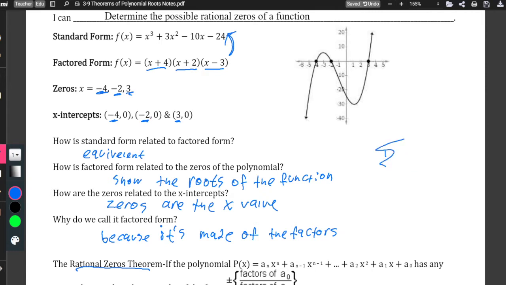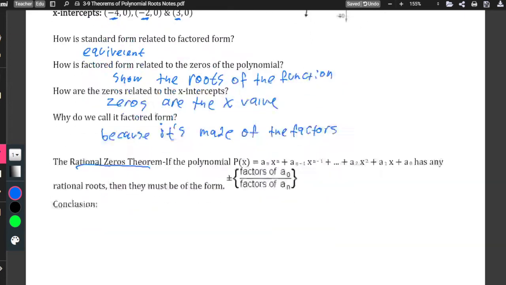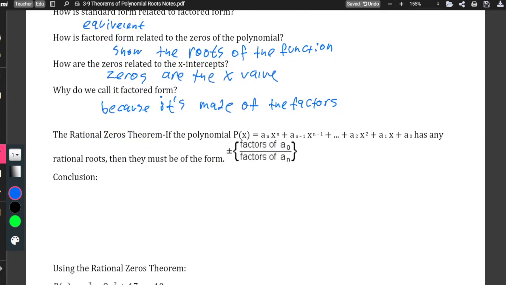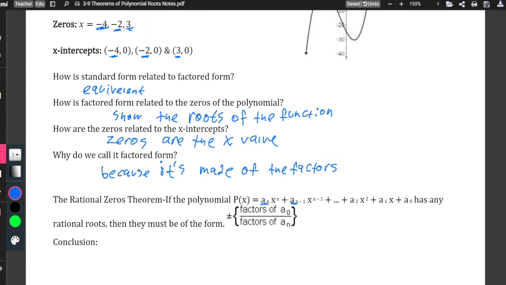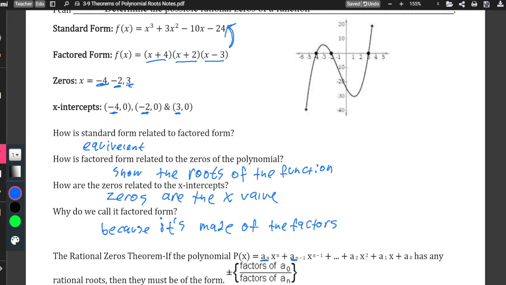So with that little description out of the way, we can get into the rational zeros theorem, which states that if the polynomial p of x equals a to the n x to the n and so on, the a's in this are just the coefficients. So if we scroll up, in this one a to the n would be 1, a to the n minus 1 in this case would be 3, a squared, a 2.